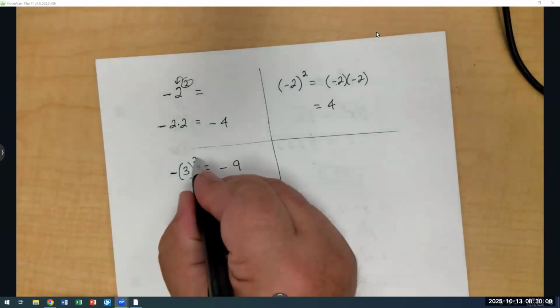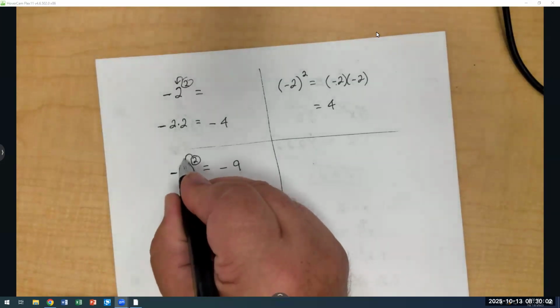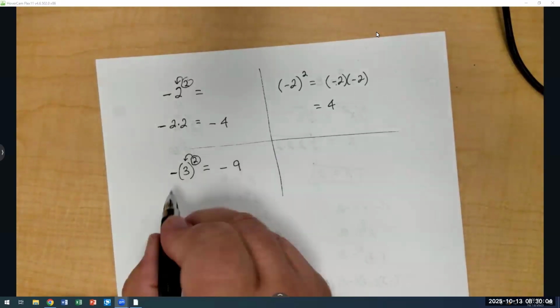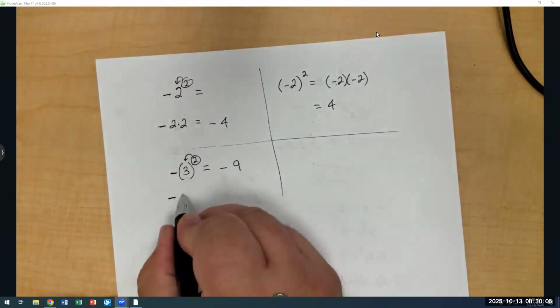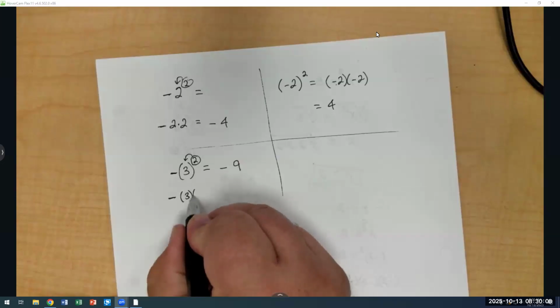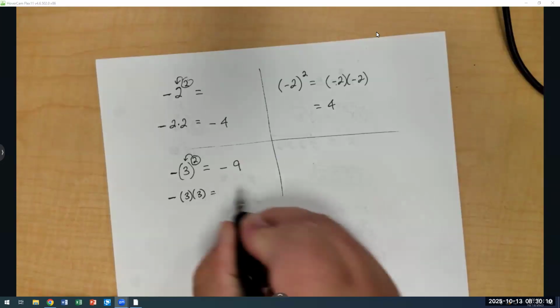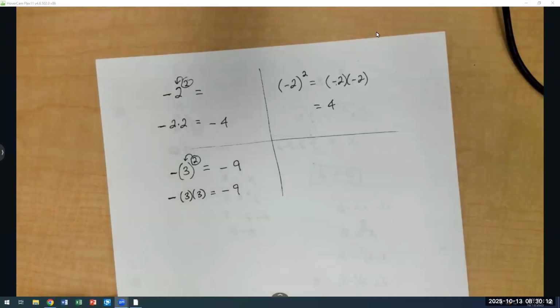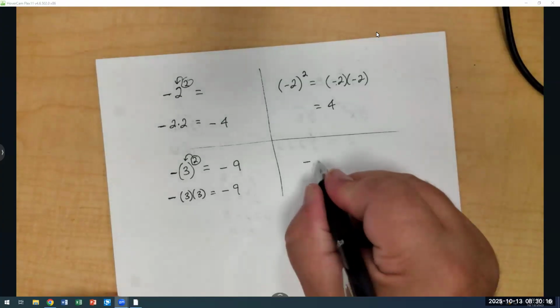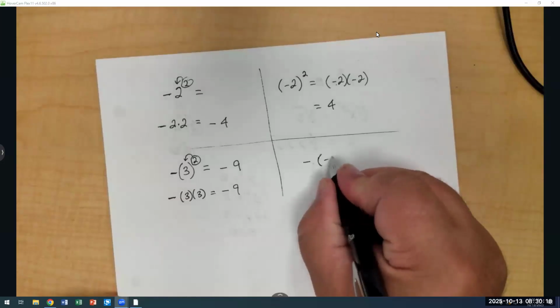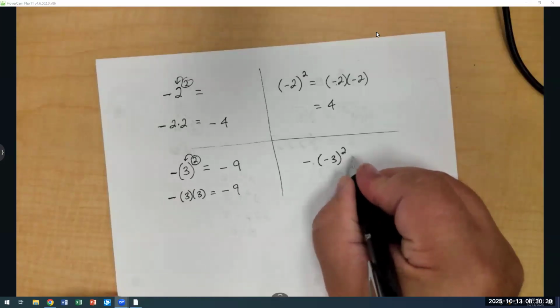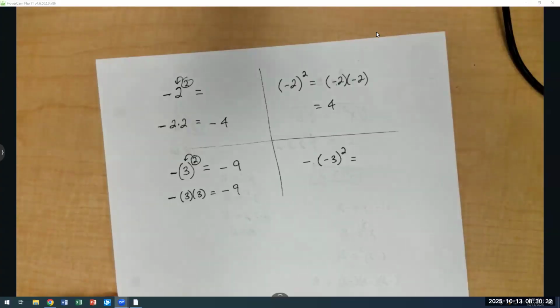Here's the parenthesis. So this exponent belongs to the parenthesis. So it's a negative, and I have 3 times 3, which is a negative 9. How about that one?